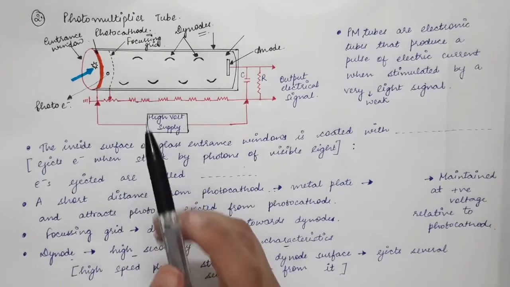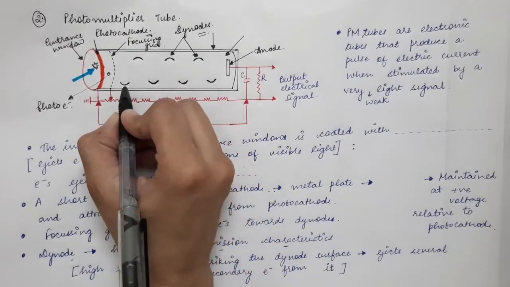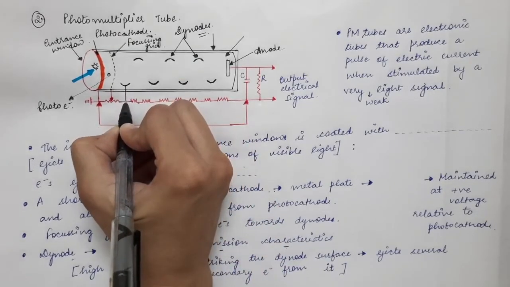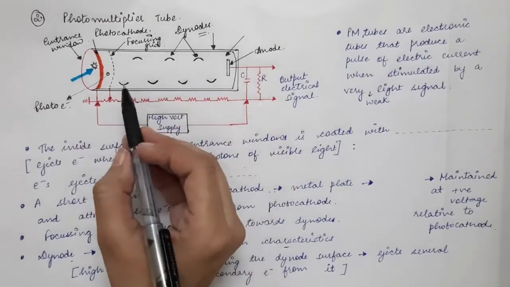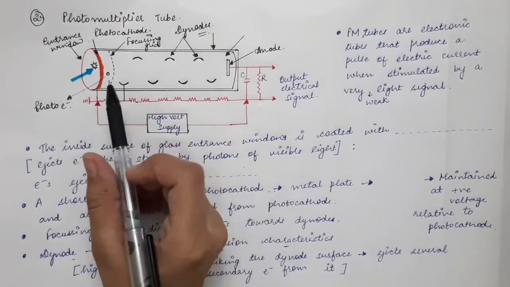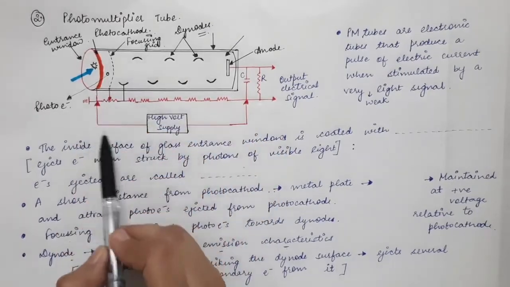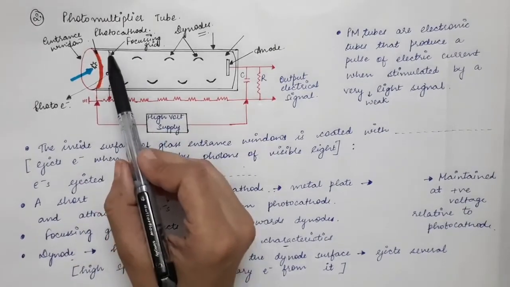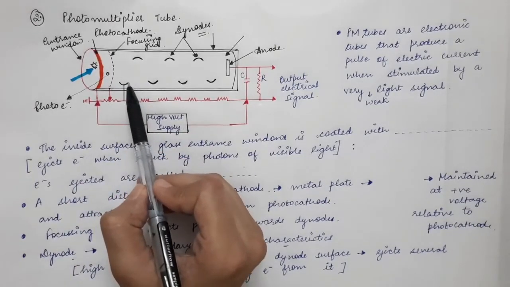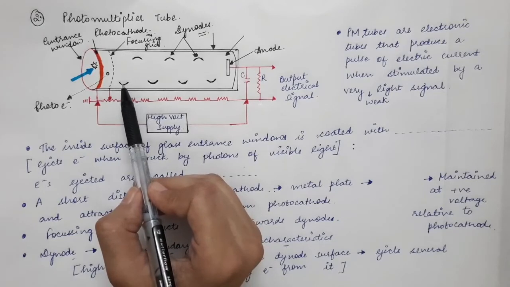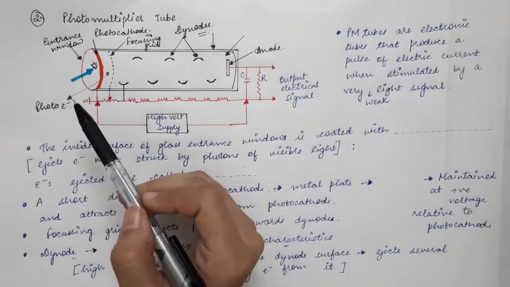Now the first diode is at a higher potential with respect to the photocathode. The photocathode is at a lower potential, then this first diode is at a higher potential as compared to photocathode.